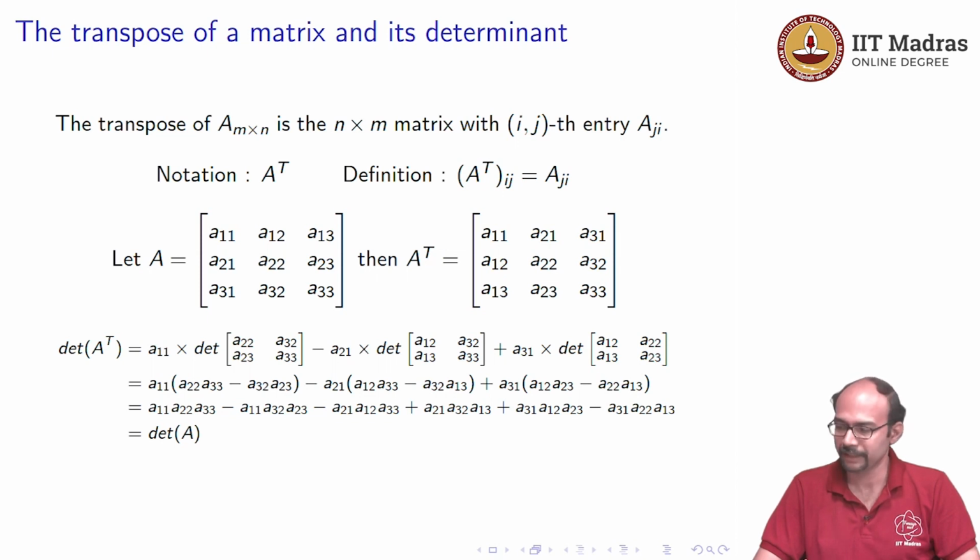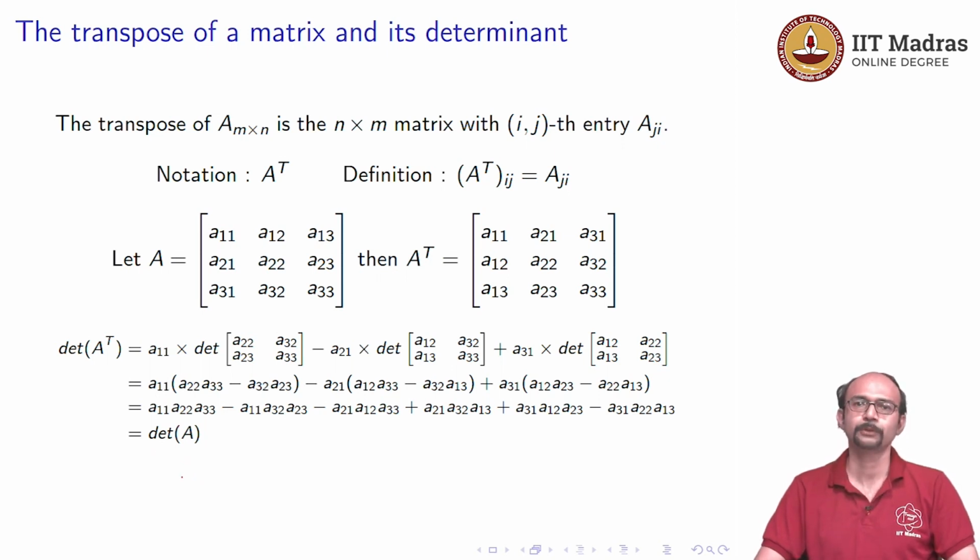If we do that, this is exactly the expression we get, and now we can work out explicitly what happens, and you will see that the final expression is just the same as the expression for determinant of A, except that the terms have changed places. So, this is just determinant of A.